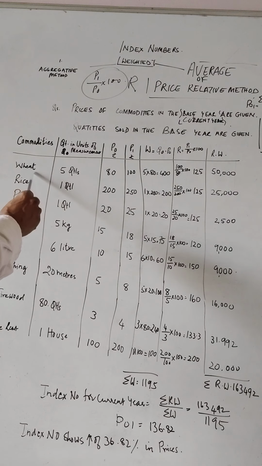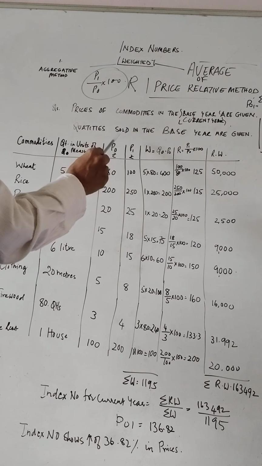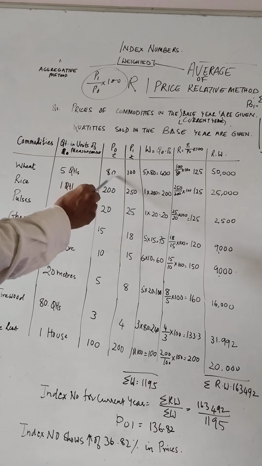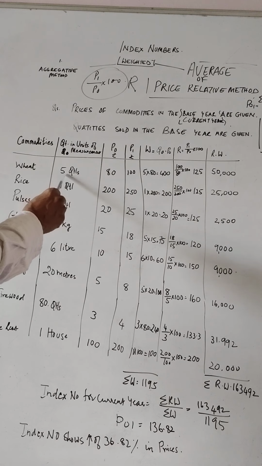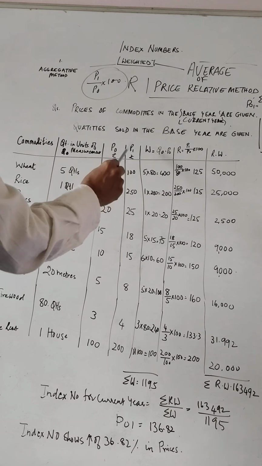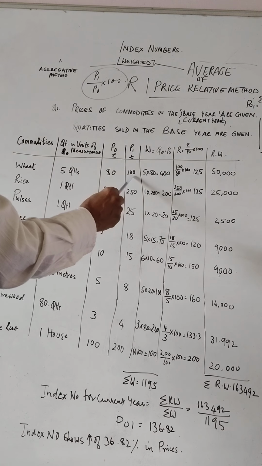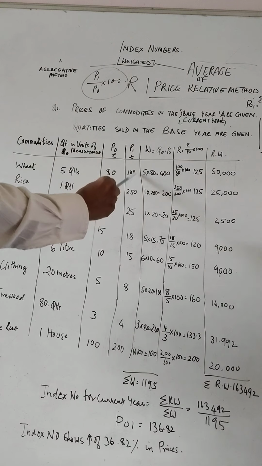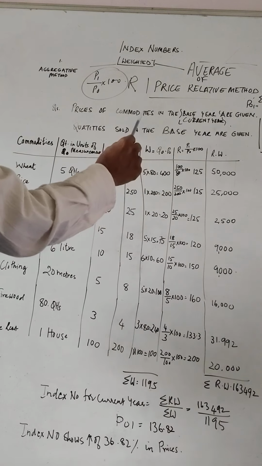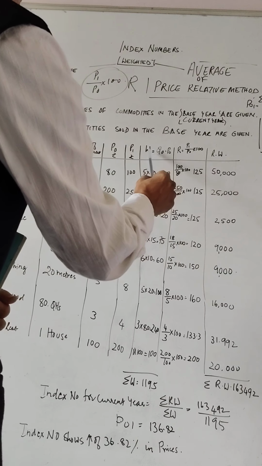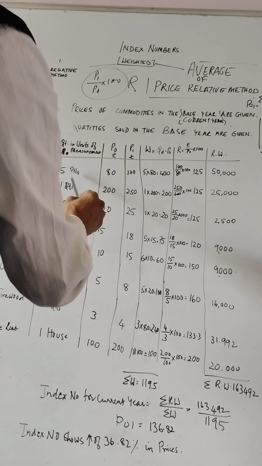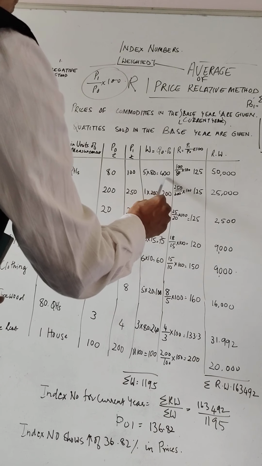Let's just take wheat. In the base year, at a price of rupees 80, 5 quintals were bought, and the current year price is 100. The weights, we're going to work out as Q0 into P0. So Q0, 5 quintals into 80, that is 400.